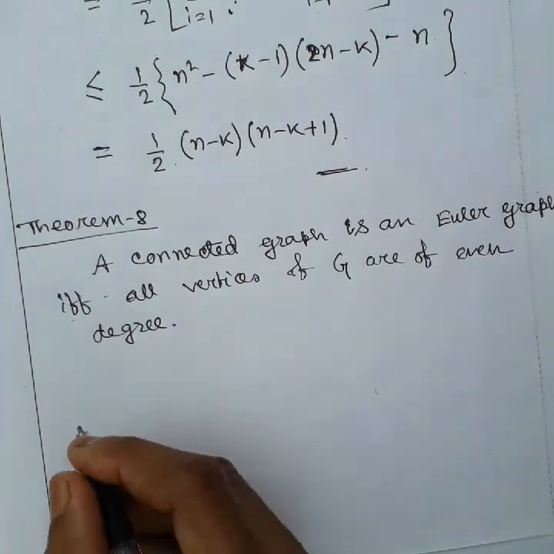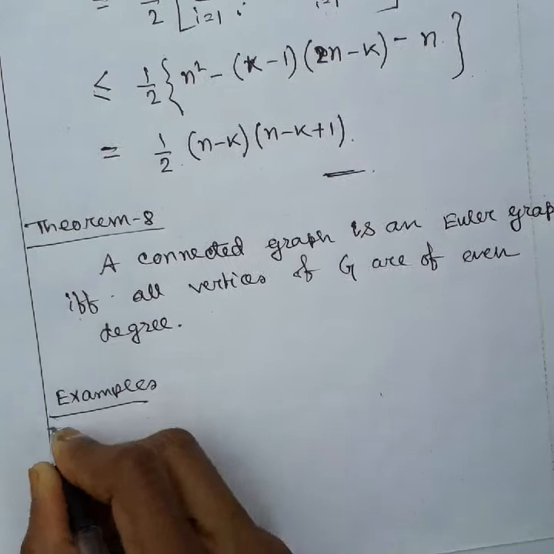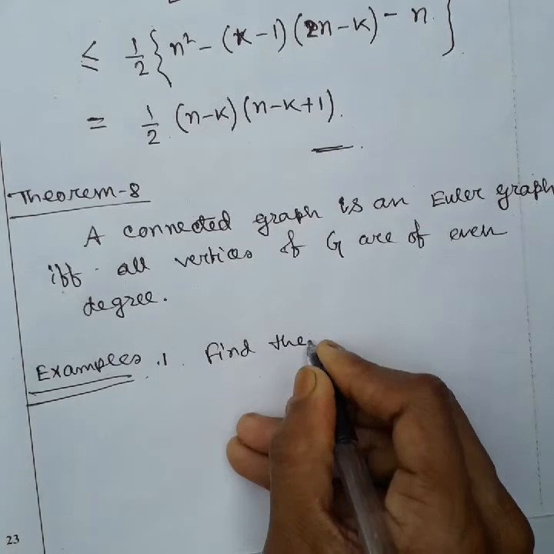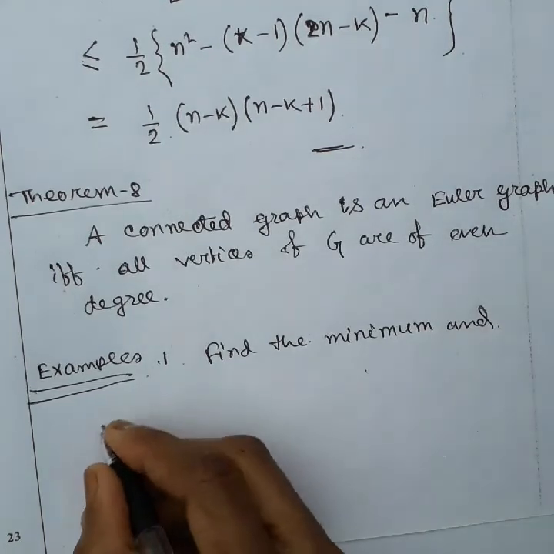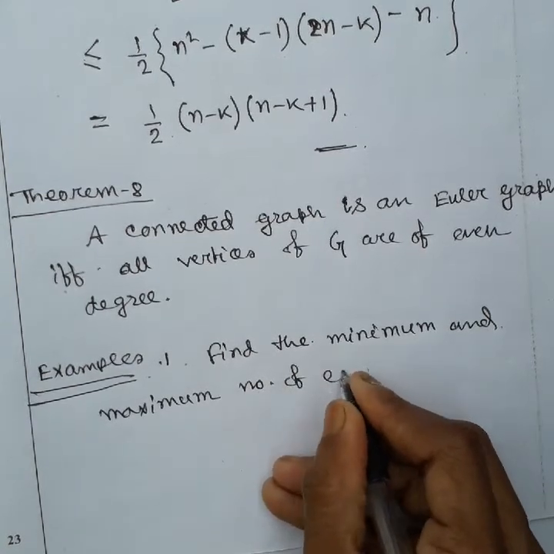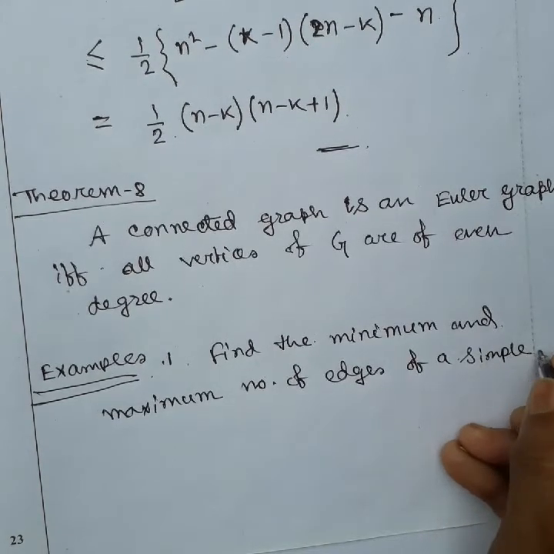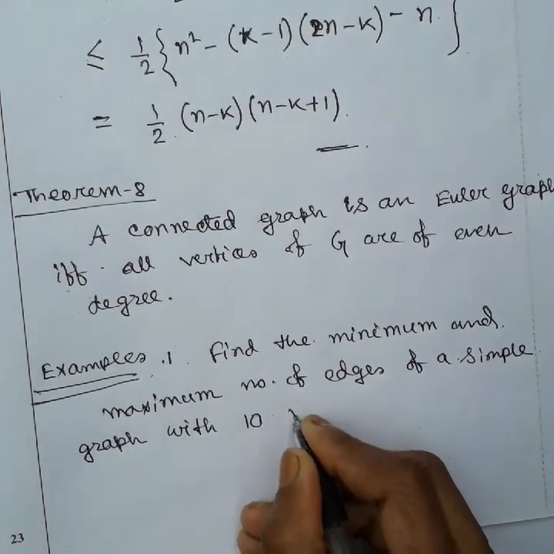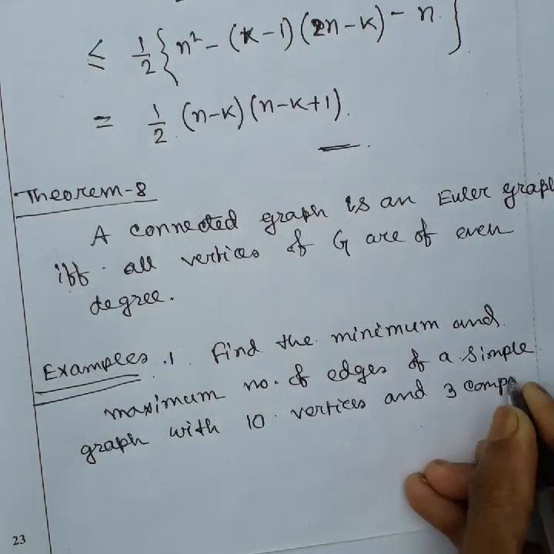Okay, now we illustrate some examples here. Number 1, find the minimum and maximum number of edges of a simple graph with 10 vertices and 3 components.